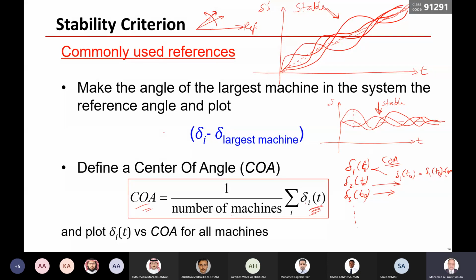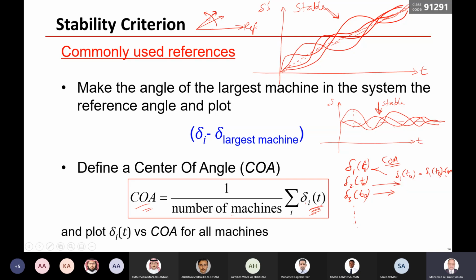Similar to what we have in load flow, we are not interested in the absolute value of the angle, but we are interested in the difference between the angles. This is why in load flow we define the slack bus as our reference, and we relate all the angles to that reference.